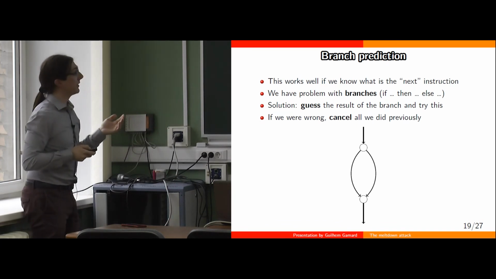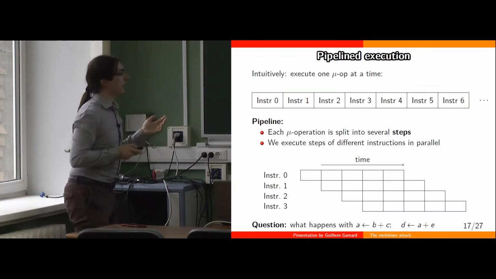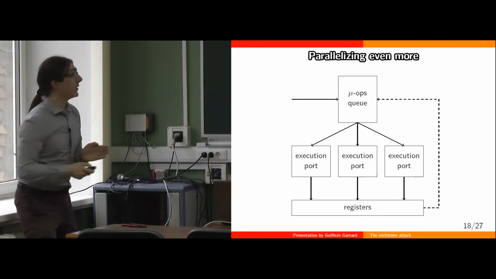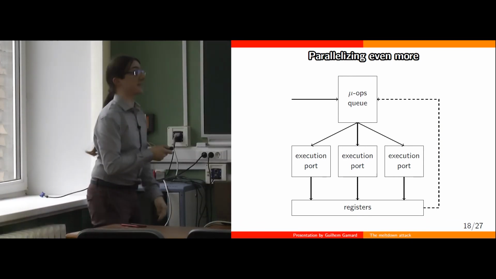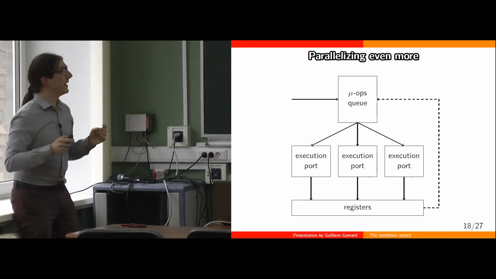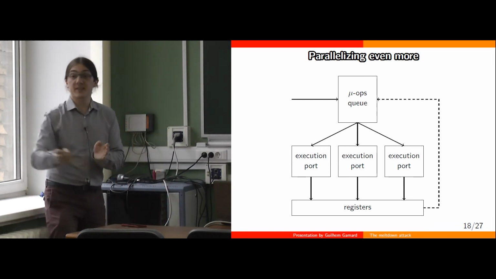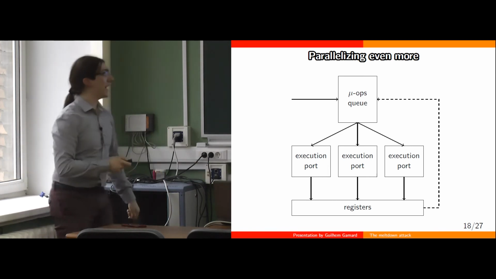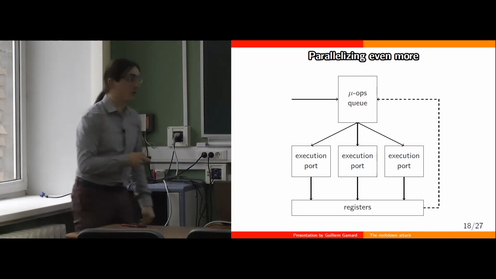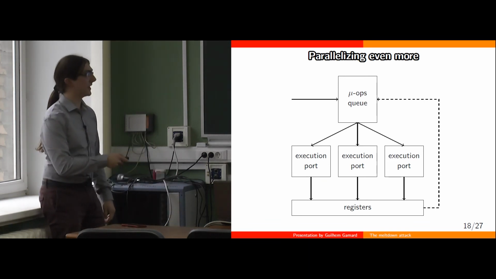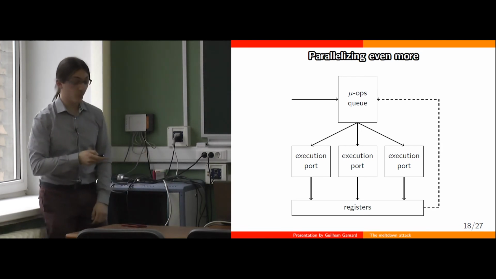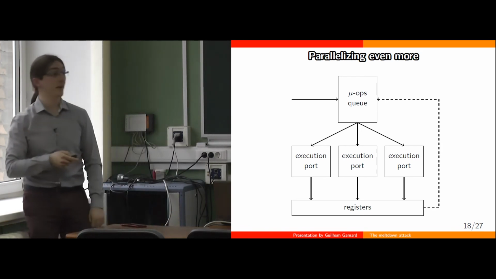So roughly speaking, we make a prediction, we are going to go in the then part, we start to send instructions to the execution port, and, to make things simple, in a very good case, we realize that we were wrong. We predicted then, but it was else. So what happens is that all these calculations that we were doing in these execution ports are cancelled. We never send the results to the registers. We say that the instructions are never committed or retired.